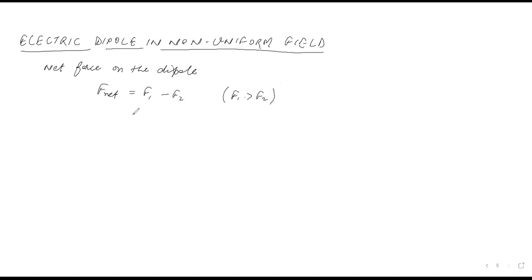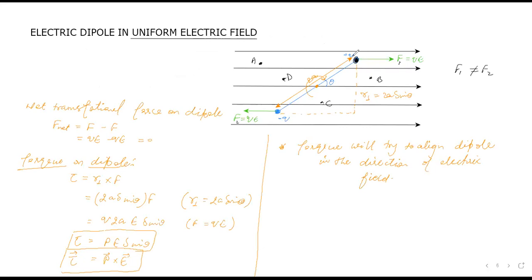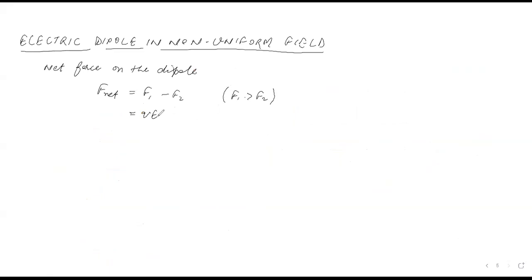Yes, sir. Okay. Hence, the magnitude of charge is same for both ends of the dipole. This charge is same for both ends, but the electric field at both ends is not same. Are you clear? Yes, sir. Because the electric field at the charge of plus Q and the electric field at the charge of minus Q is different. So we can write here QE1 minus QE2.